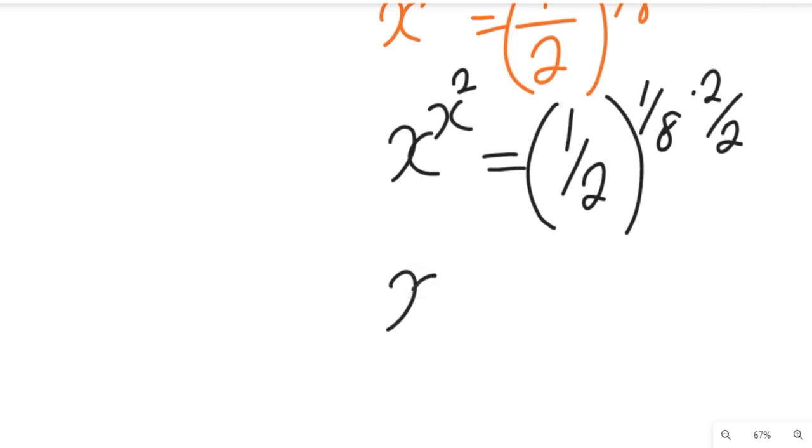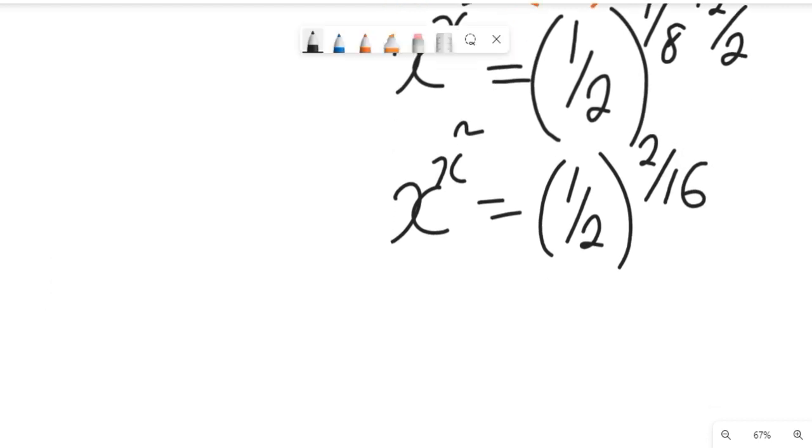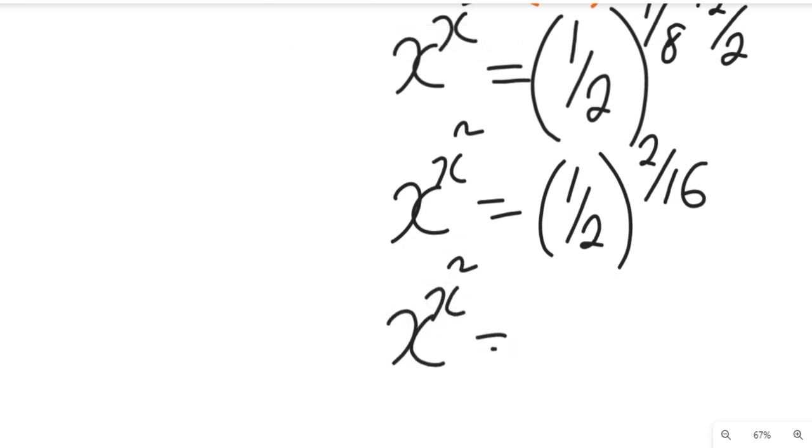So this will give me x to the power of x squared equal to 1 divided by 2 all in brackets 2 divided by what? By 16. I didn't change anything, that remains the same. So this will give us x to the power of x squared equal to, now remember that this can be separated.